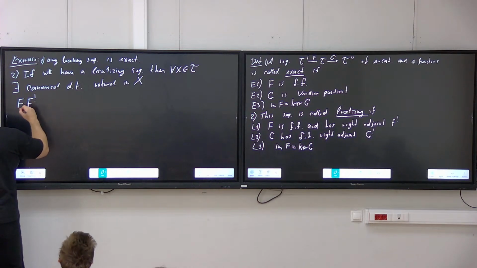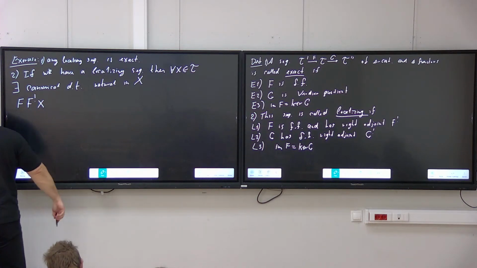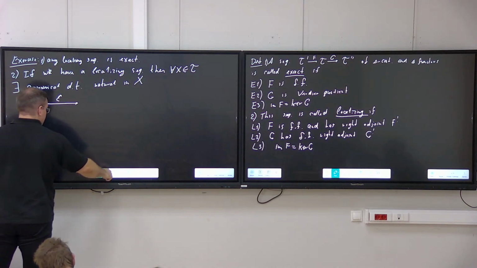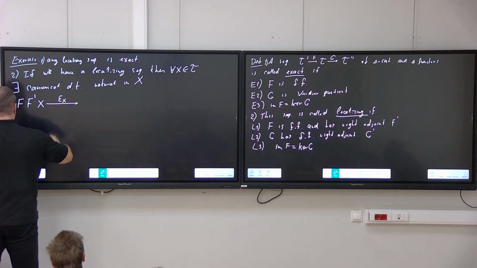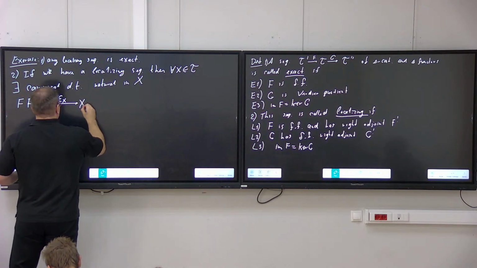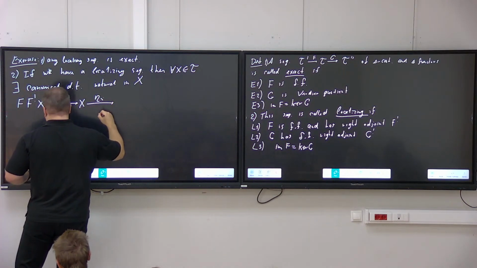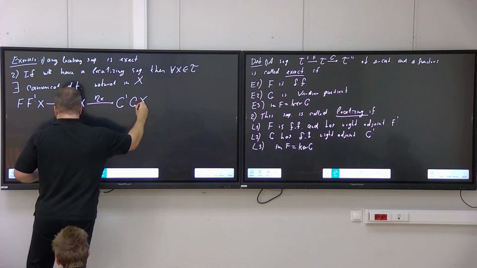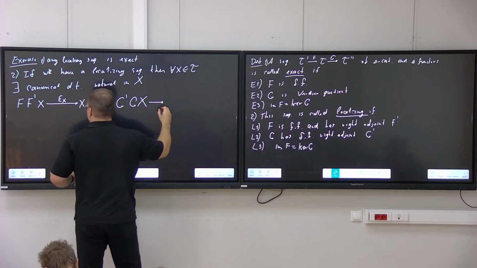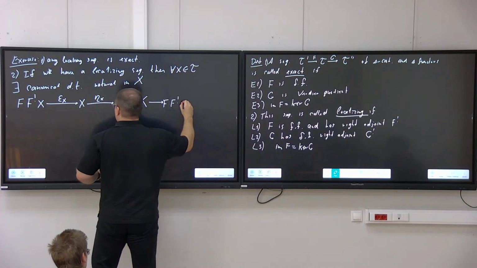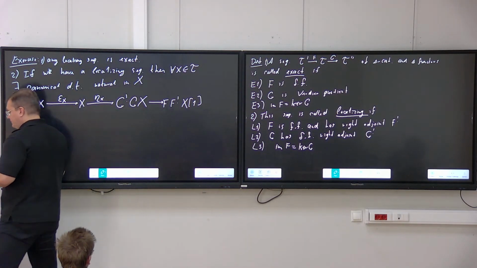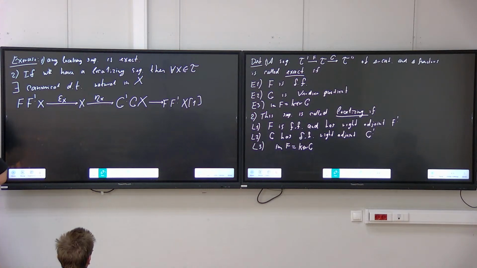F upper shirt, which is the most standard notation for the right adjoint functor. Now there is the counit of the adjunction, epsilon sub x to the x. Then there is the unit of the adjunction, beta sub x to the g upper shirt g x. So this is the second exercise.